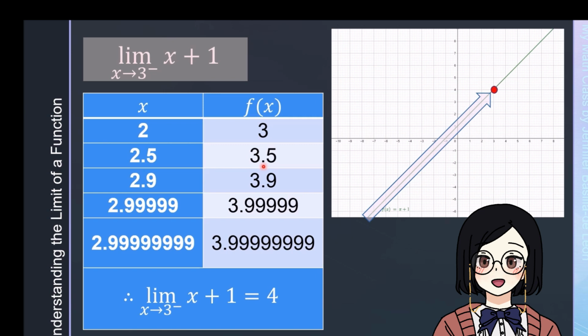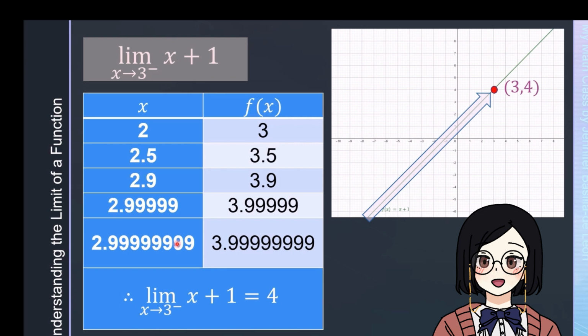As much as possible, we have to choose a value from the left side of 3 that is much closer to 3, such as 2.99999999. Evaluating the function, it will yield 3.99999999.